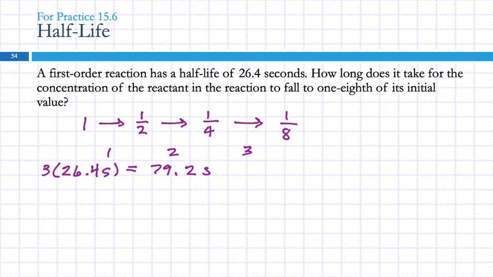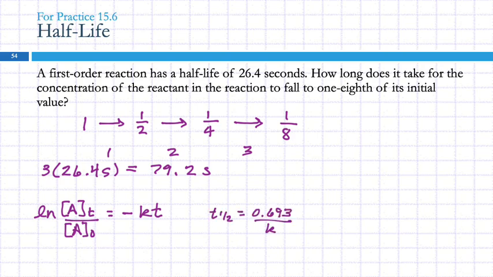Let's look at how we could do it with the equation. So again, if we're going to use the equations, we'll have to use this half-life equation to calculate k, the rate constant, because we know the half-life, but that's all we know.